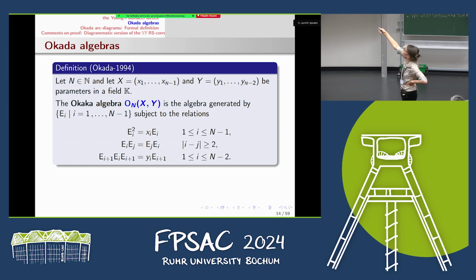The Okada algebra O_n(X,Y) has n-1 generators, E_1 through E_{n-1}, satisfying this kind of Coxeter-style presentation. The E's are quasi-idempotents. They square to themselves times one of the X parameters. They commute when the indices are far enough apart, and otherwise they satisfy this triple relation when they're neighboring.